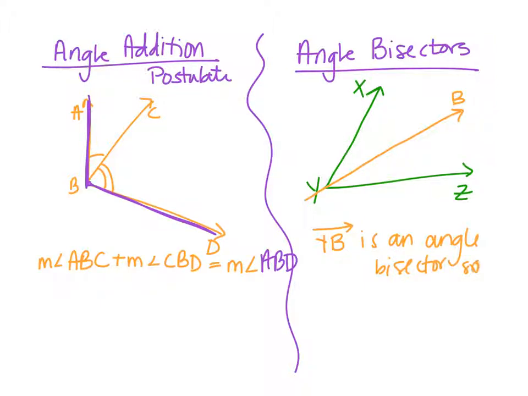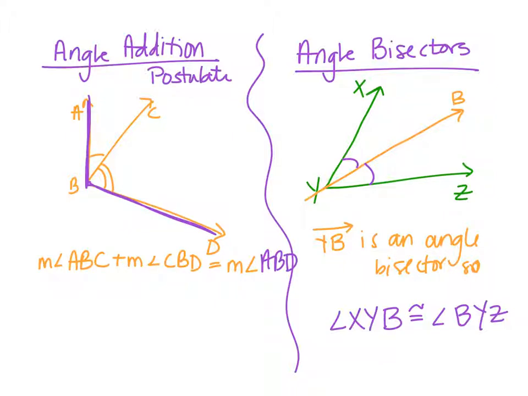So that's going to mean that the two smaller angles that are left are going to be congruent. So that would mean that angle XYB, so follow that in your head or draw that out, XYB, is congruent to angle BYZ. All right, so now these two angles are congruent.